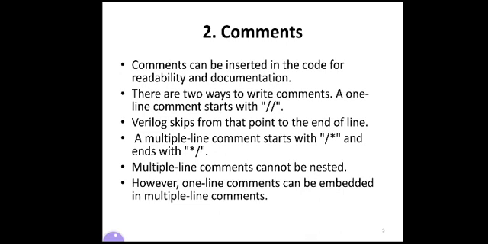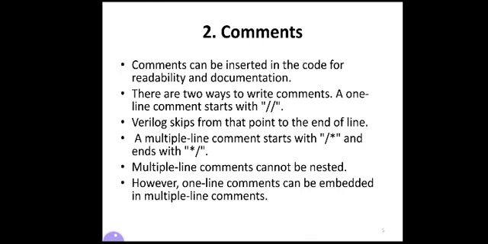Multiple line comments also can be used here. They start with the slash and asterisk sign and end with asterisk sign and slash. Multiple line comments cannot be nested. If you are using multiple line comments, a comment symbol within a comment symbol is not allowed.